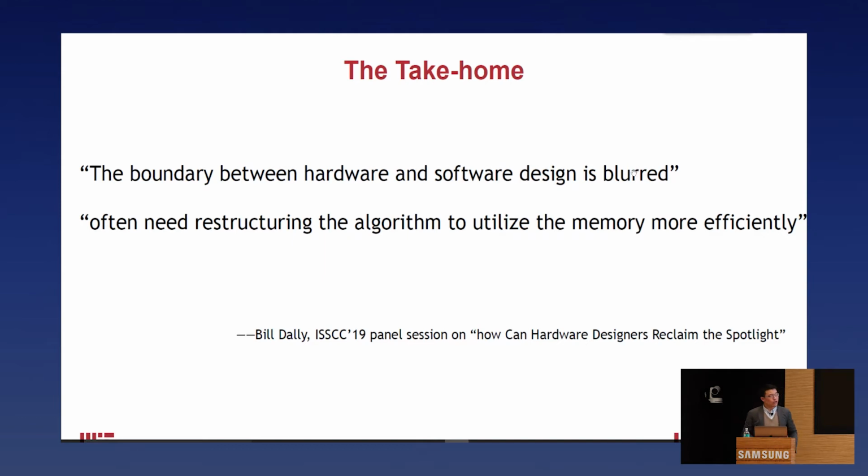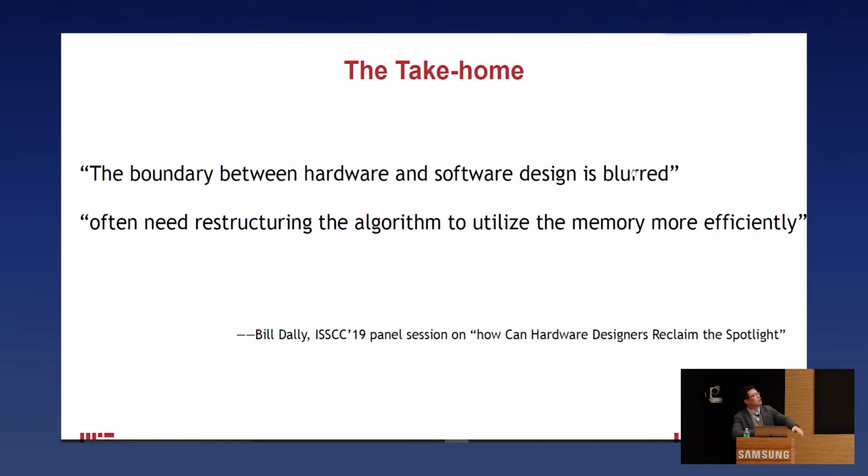All right, so the take home from this project, where we can do both acceleration and also improve the performance: this is the word I really like from Bill Dally in the ISSCC 19 panel session on how can hardware designers reclaim the spotlight. Bill mentioned the boundary between the hardware and software is blurred, right? So we are using a software approach to do the acceleration.